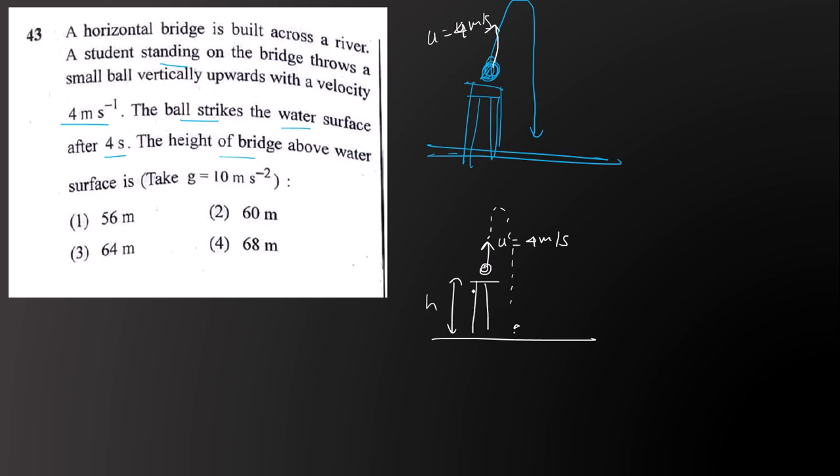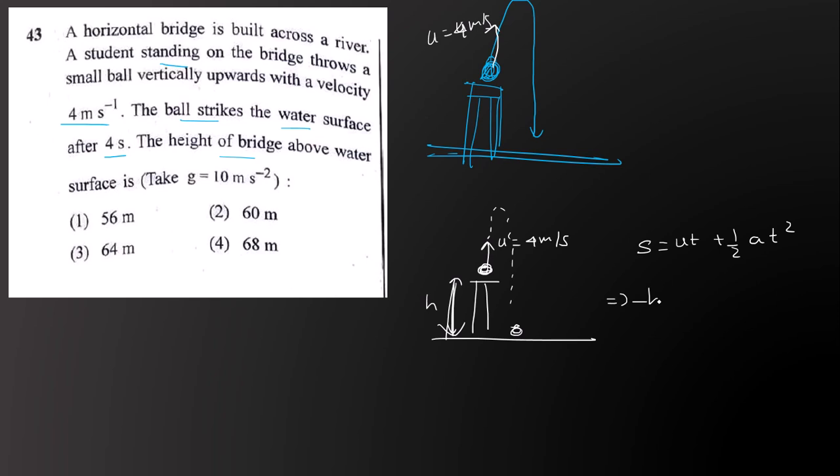I will consider the upward direction to be positive, the downward direction to be negative. So when the ball's initial position is this one and the final position is this one, the displacement is downward, so I have to consider it to be negative. Now in this case I will apply the equation of motion. So s equal to ut plus half of at square.